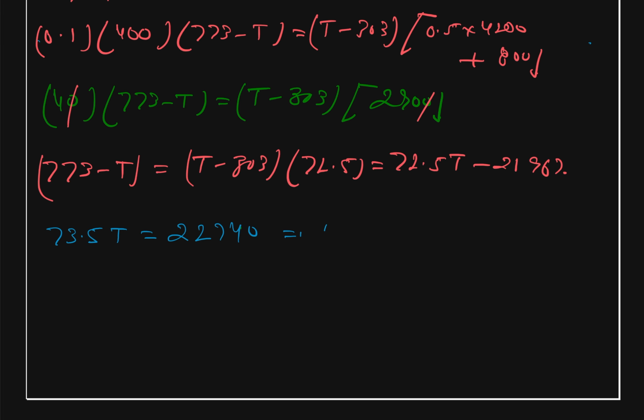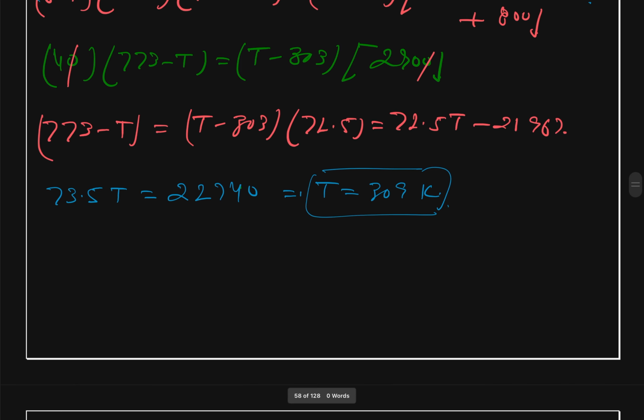Therefore T will be equal to 22,740 divided by 73.5, which is 309. Okay, anyway, it's in Kelvin. 309 Kelvin.